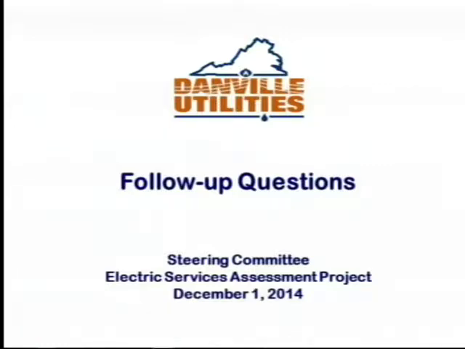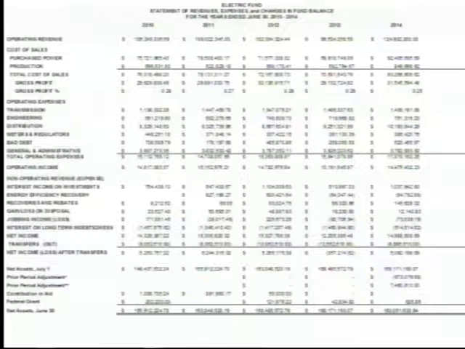Several questions were raised last meeting. First one was non-operating revenue. What was included in that? If you look into the statement of revenues, expenses, and changes in fund balance, the large Excel spreadsheet, it lists in detail what's listed under non-operating revenue.